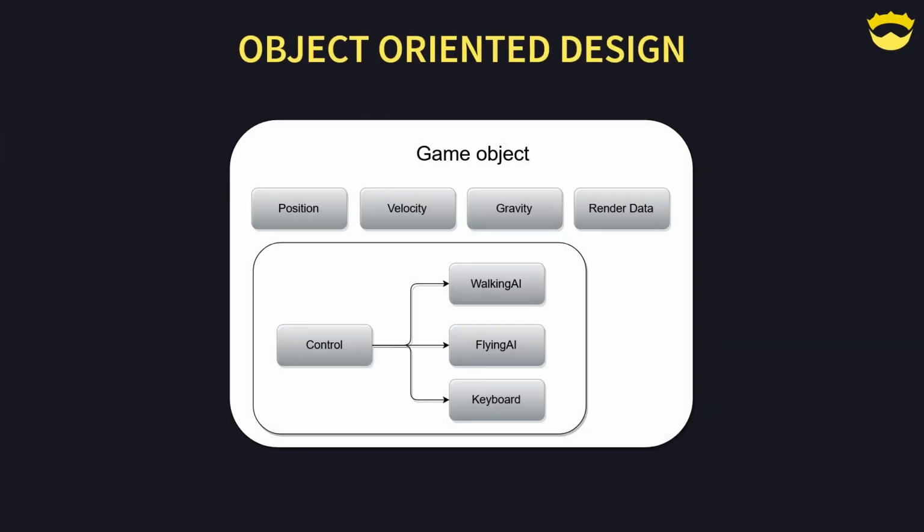So here's a simple example of what you might do with an object-oriented design. For example, with a game object, you might have the data for position, velocity, gravity, and so on. And then you might override the particular processes involved with different ones according to your needs. And this is good enough for most situations, but when you have a very complex project, you can end up with things that are basically like God objects.